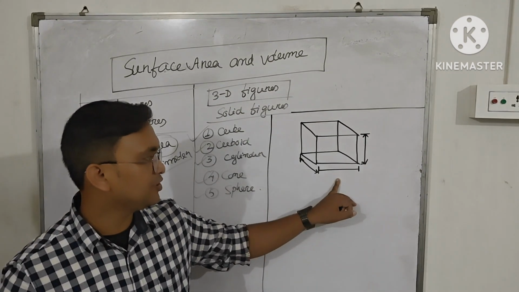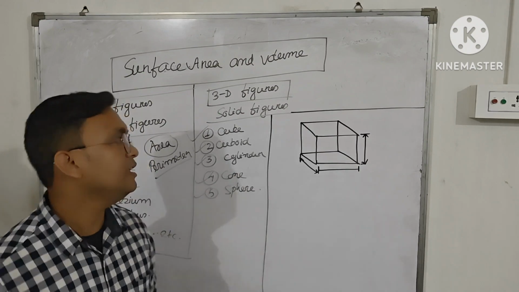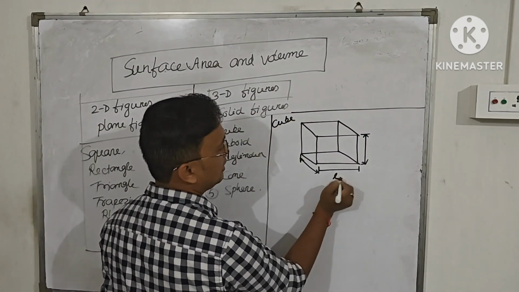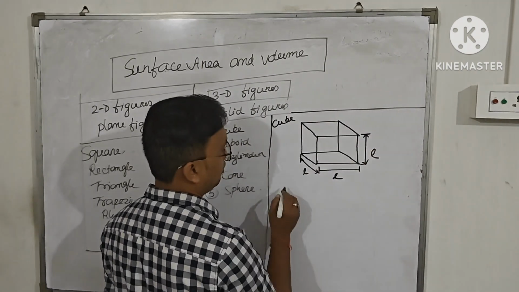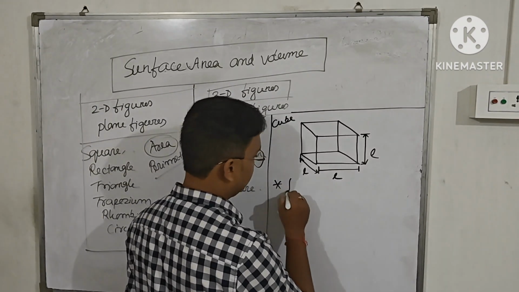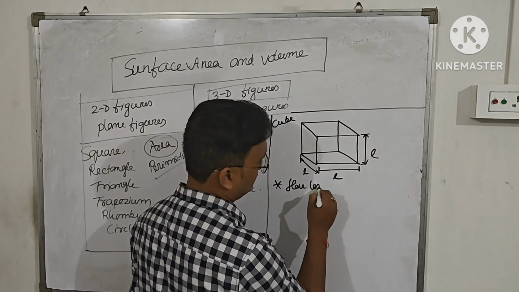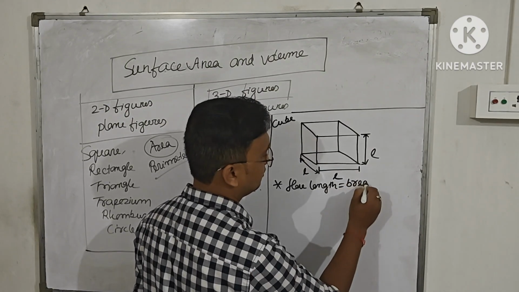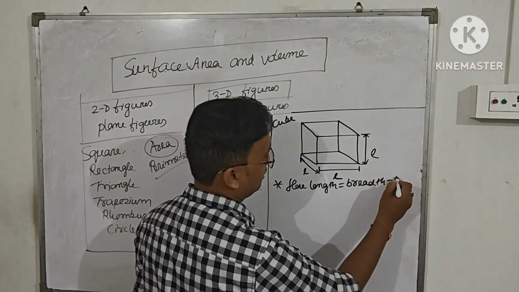An interesting thing is, for a cube, length, breadth, and height all are equal. So first point is here, length equal to breadth equal to height.